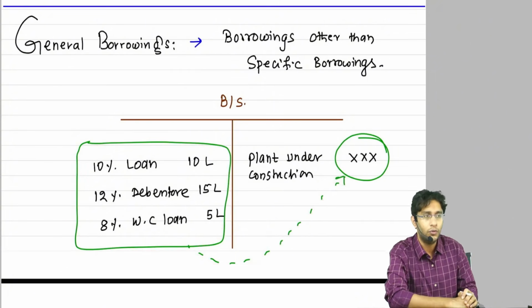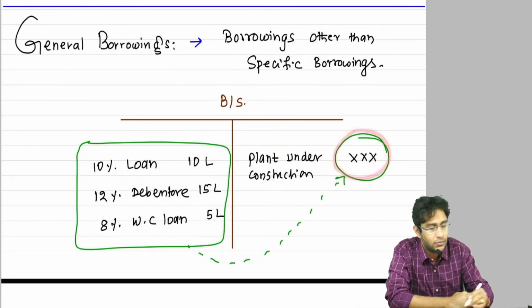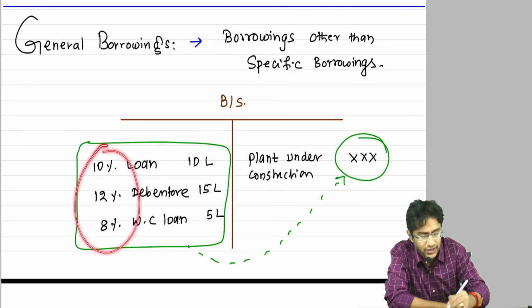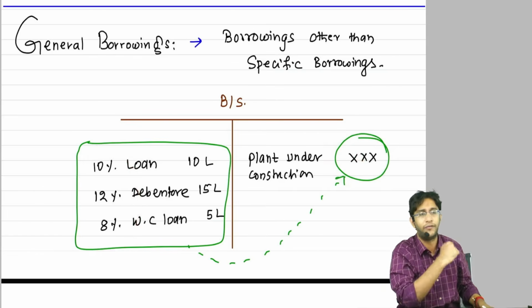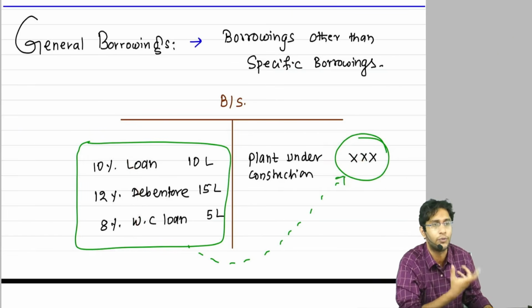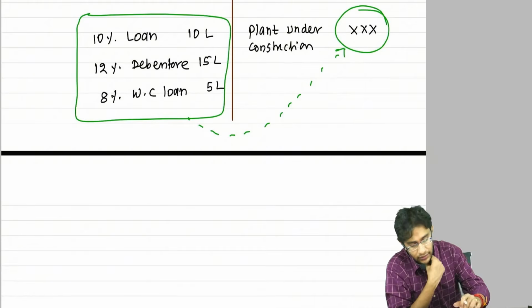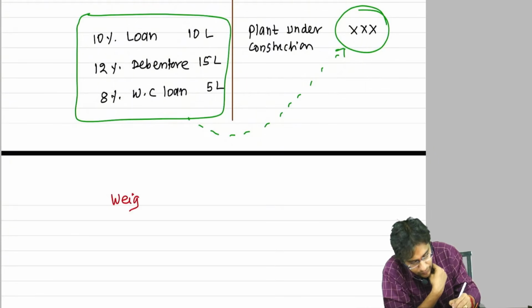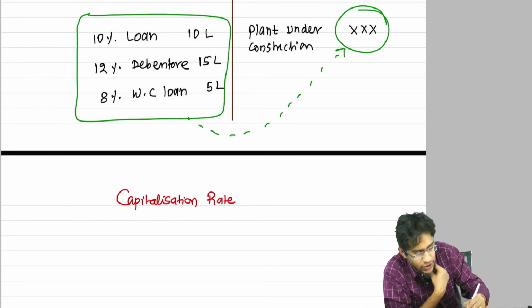So what you have to do now? Since this expenditure is funded using general borrowings, you have to add interest here. Now, which interest do I have to add? 10, 12, 8, which one? For that, the standard says determine a capitalization rate on general borrowings.